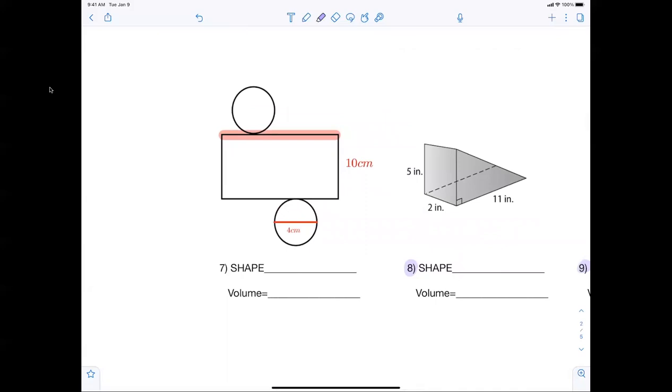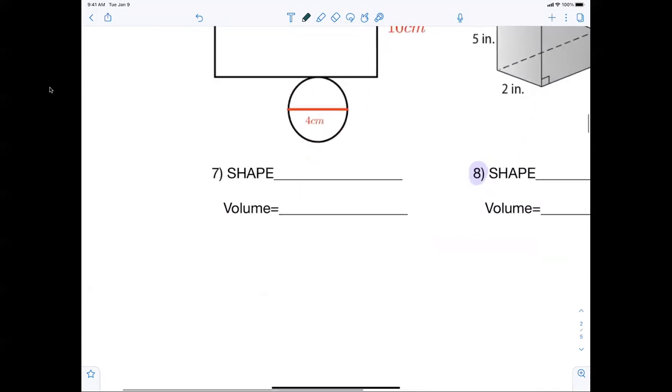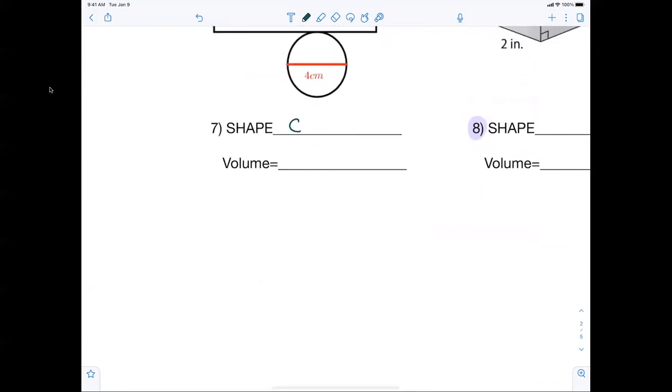Do you remember what I called that when you break something down? What's that called? Starts with an N. That's right. It's called a net. So it's just the 3D shape that is broken down. So you're supposed to look at that and tell me what 3D shape that is. Cylinder.